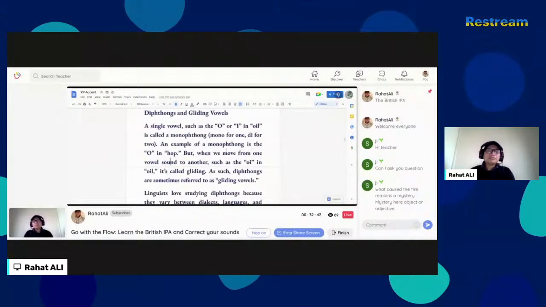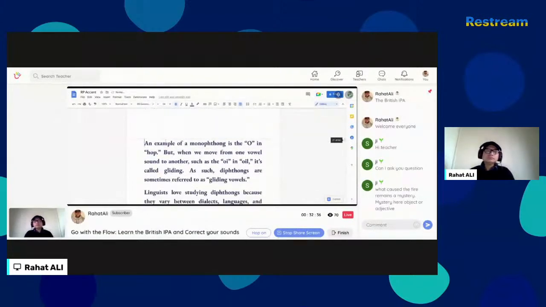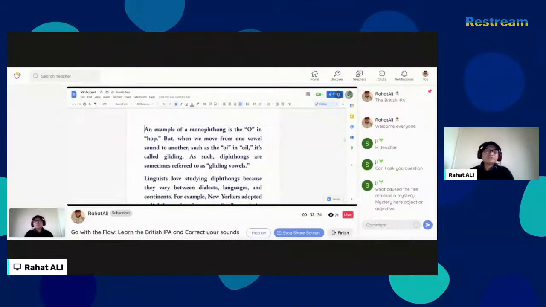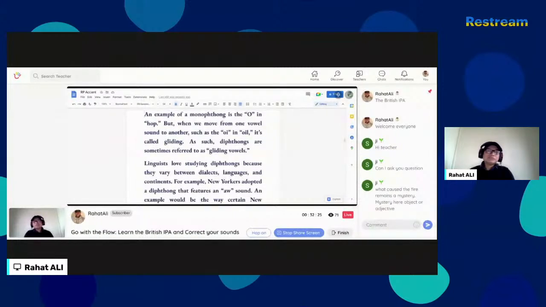An example of a monophthong is the O in hop. We use hop on. But when you move from one vowel sound to another, such as the O in whale, it's called gliding. As such, diphthongs are sometimes referred to as gliding vowels.